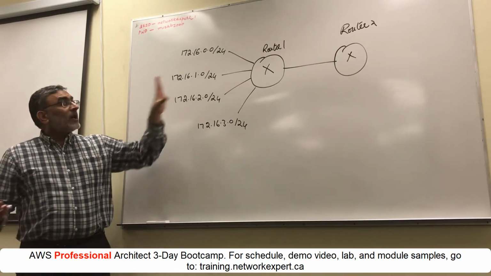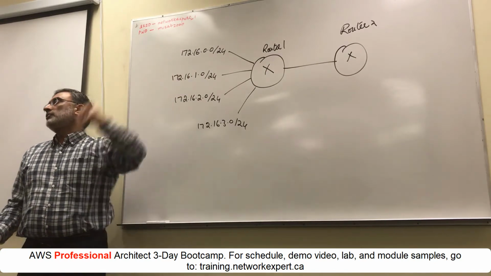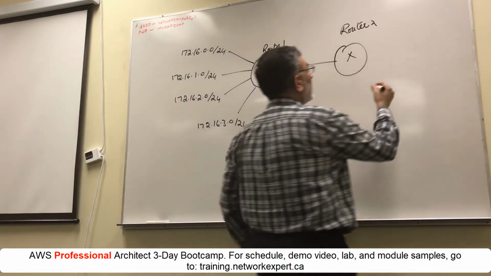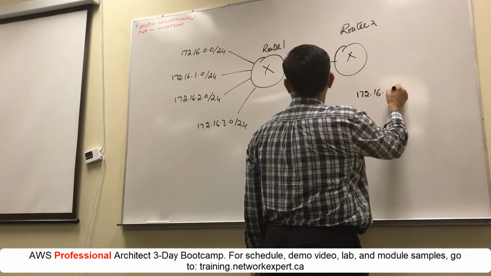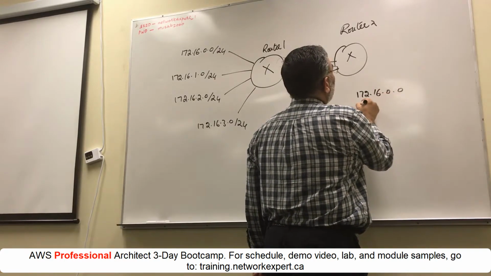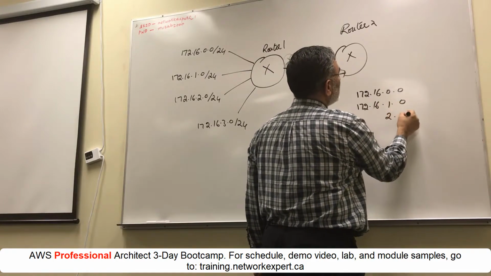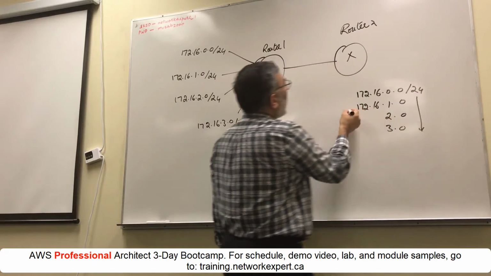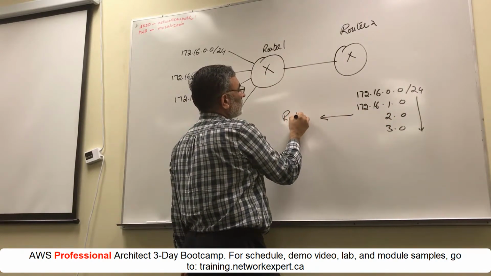Now, normally router 1 would send 4 entries to router 2. And router 2 will have in its routing table that to reach 172.16.0.0, 172.16.1.0, 2.0 and 3.0, /24, I need to send the packets to router 1.